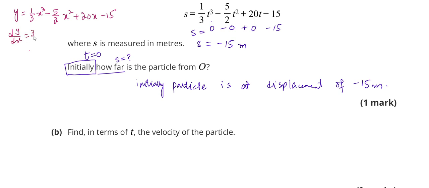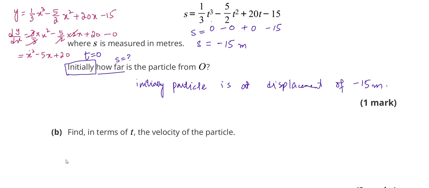You would have done 3 over 3 into x square minus 5 over 2 into 2x plus 20 minus 0. So 2 and 2 will cancel out, 3 and 3 will cancel out, and we will have x square minus 5x plus 20, right?